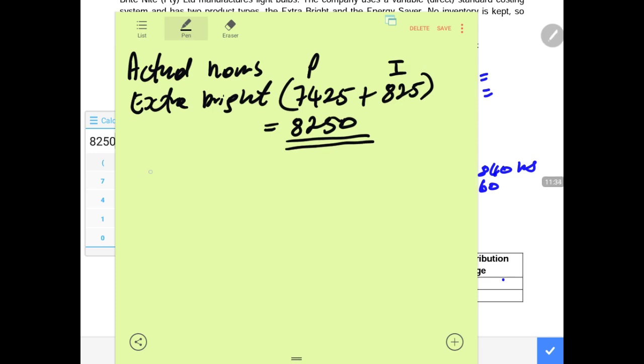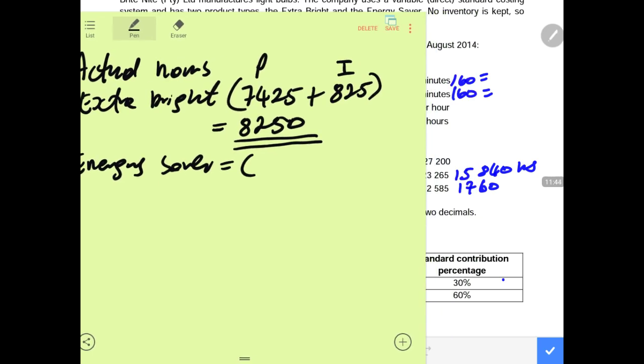Then we need the one for the energy saver, the one that saves energy. Total actual hours will be 15,840, which is productive hours, plus 1,760 idle hours.